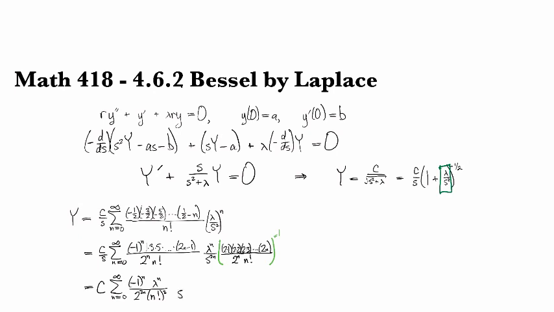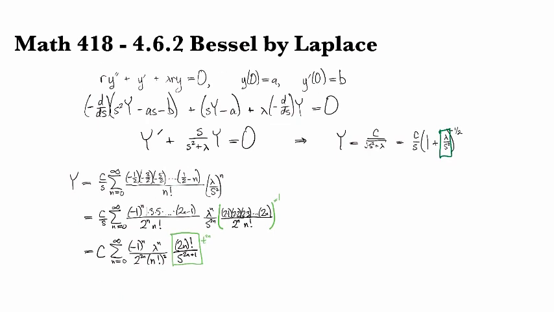And then I have s to the 2n plus the one that used to live out in front of the summation sign, all over 2n factorial. And this guy here exactly fits the form for t to the 2n on the Laplace transform table.